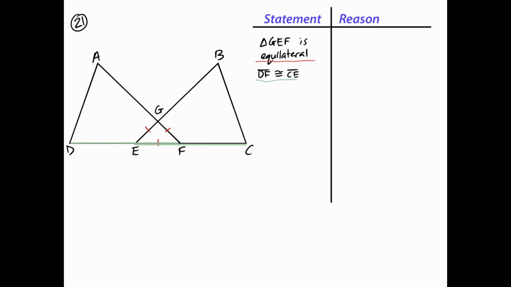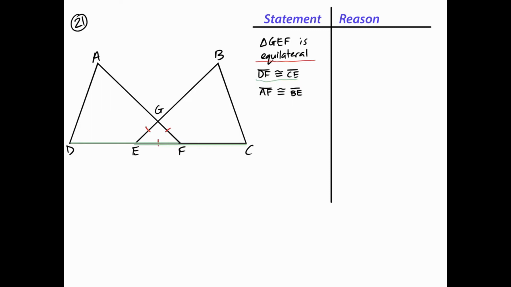Not the last given. They actually have one more. They say line segment AF is congruent to BE. Now this part is critical.